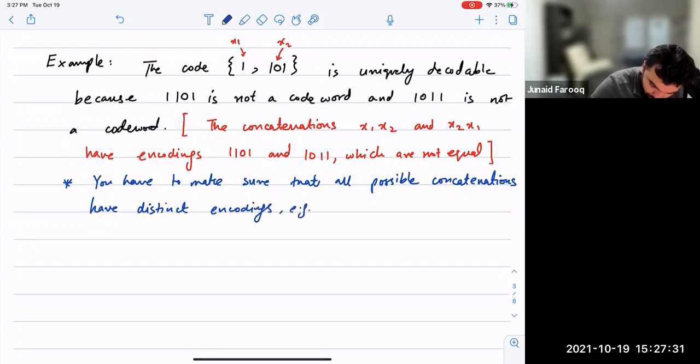So for example, x1, x2, x1, x2, x1, x2, and so on.